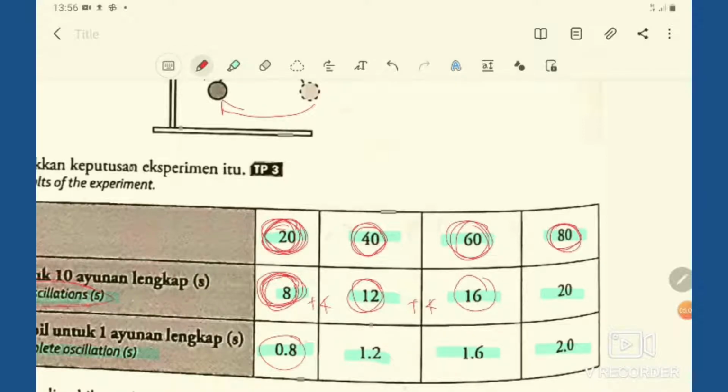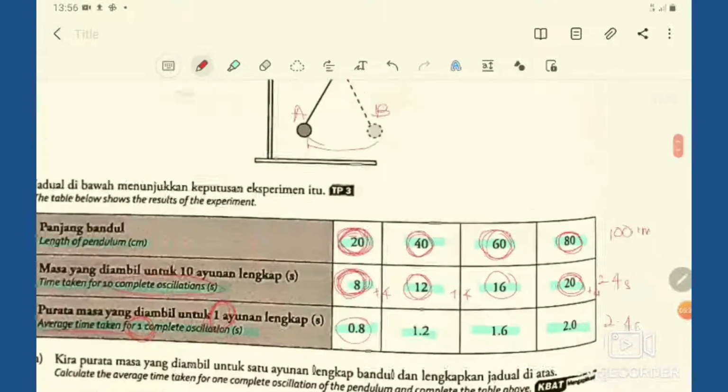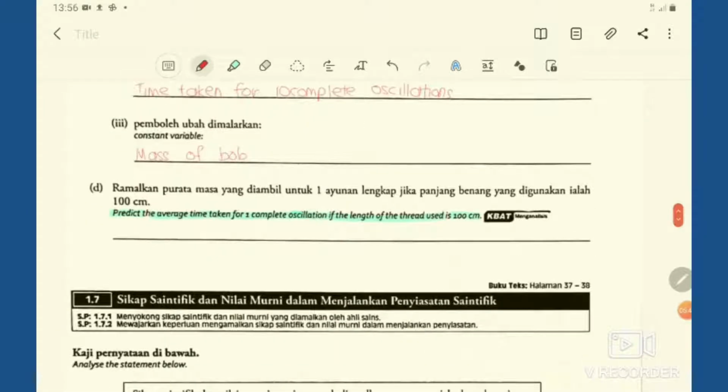If 80 cm, time taken 20. So the question is, if the length of the thread used is 100 cm, the time taken is 24. Just add 4, right? But the question is the average time taken for one complete oscillation. So 2.4 seconds. So the answer for this one is 2.4 seconds.